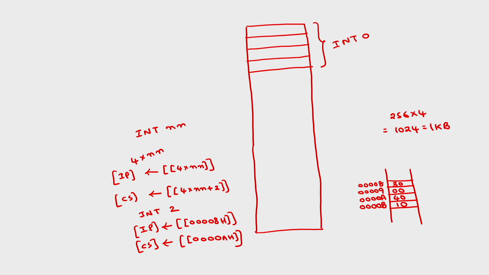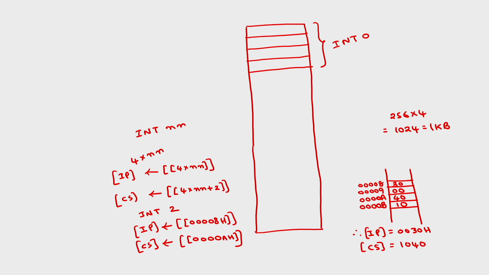The contents of this, and because the instruction pointer is 16-bit, it will take a word from 2 consecutive locations. So the contents of instruction pointer will become now 0030H, and the contents of code segment register will become the contents of 000A, meaning 1040.